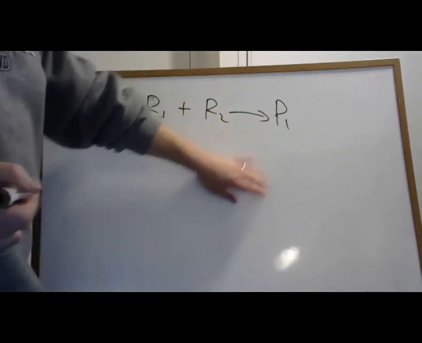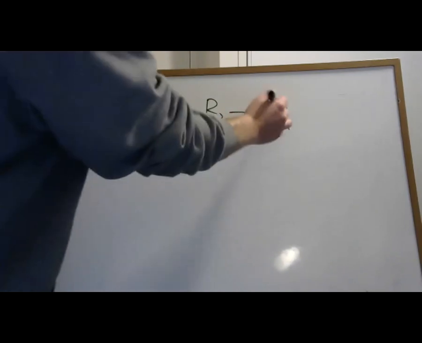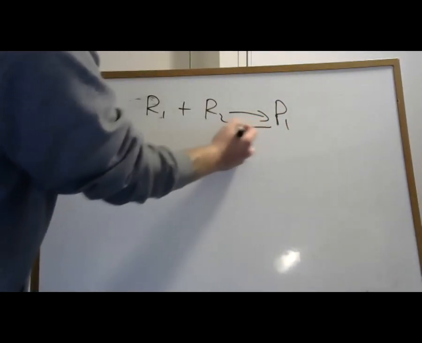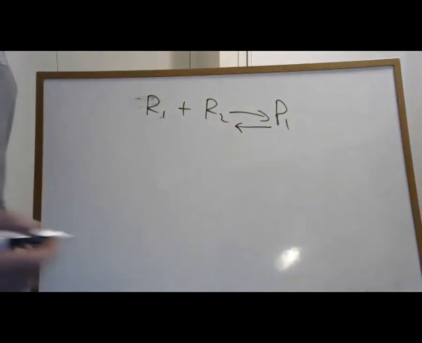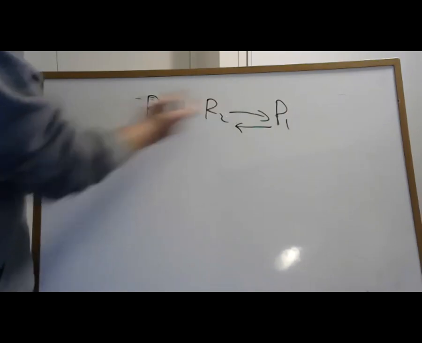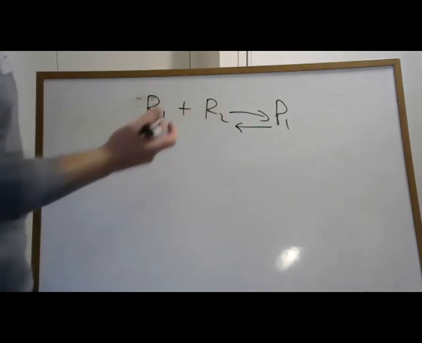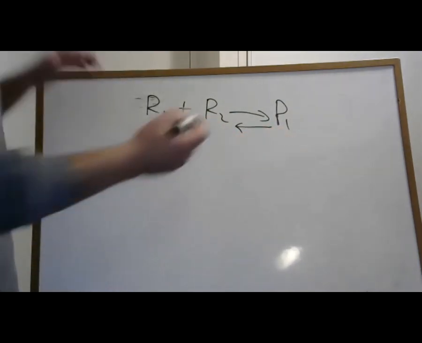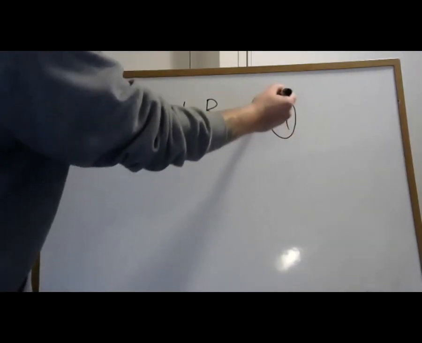At a certain point, when you get enough of this product, the reaction happens in reverse. So this product then starts being broken back into the reactants here. And we don't want to get to this point because obviously we're trying to produce this.